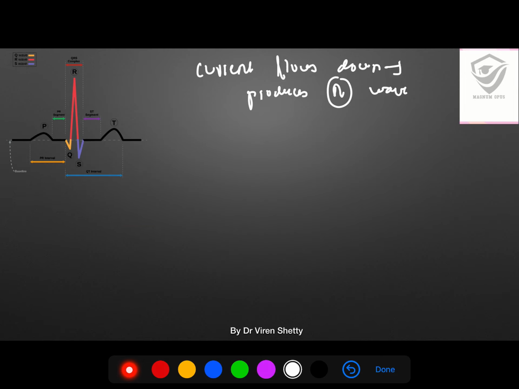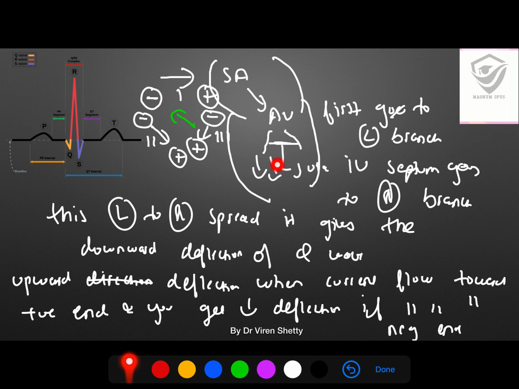Now it is coming down, producing the R wave, and now the base is starting to depolarize in this direction. So again the wave is going in the opposite direction, towards negative, and that is why you get the S wave also as a downward deflection.